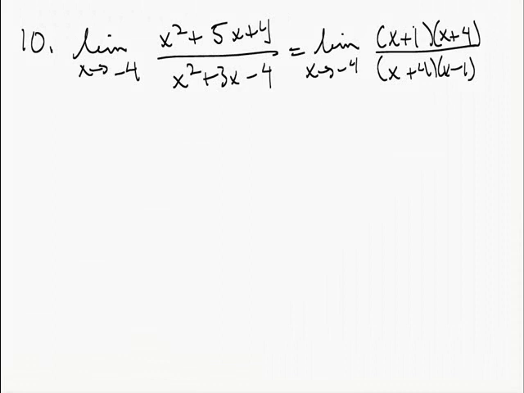Well, notice what happens here then. We can simplify the original function by dividing the x plus 4 factors down to 1. And so, since the function has the same value everywhere except x equals negative 4, this new function that I got after canceling the x plus 4 factors is going to have the exact same values as the original function except for at our a value of negative 4.